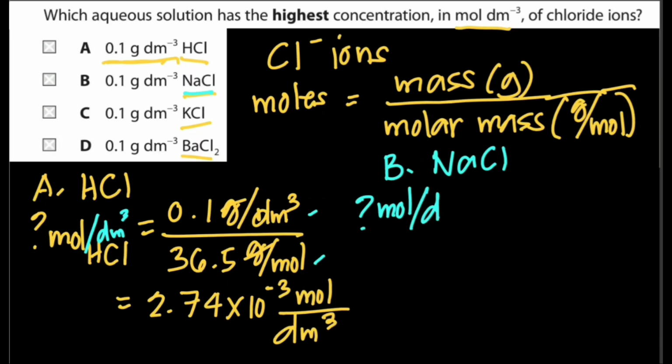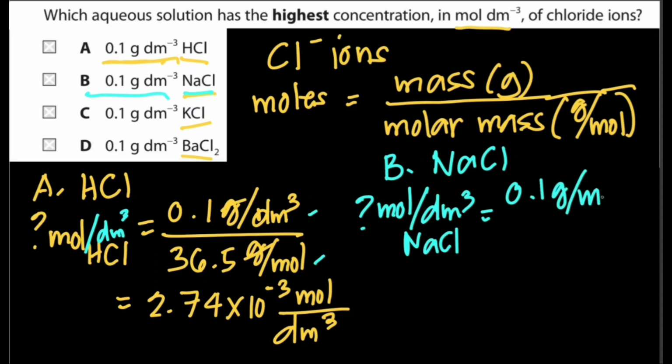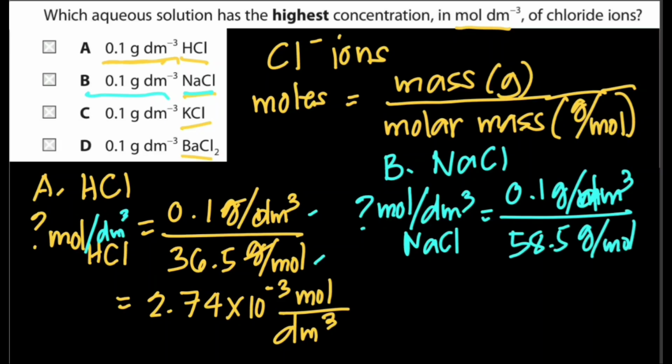So mole per cubic decimeters of NaCl is just equal to the given concentration, which is 0.1 grams per cubic decimeters, then divided by the molar mass of NaCl, which is 58.5 grams per mole.